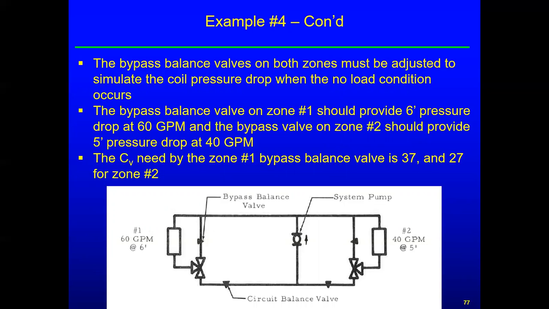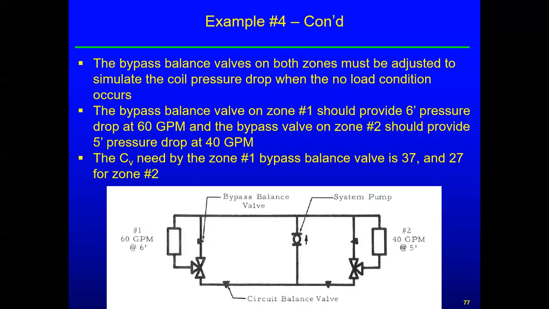So the bypass balance valves, that's these little balance valves we're showing here in the bypass. They are to simulate the coil, and so they have to be set appropriately and sized appropriately.